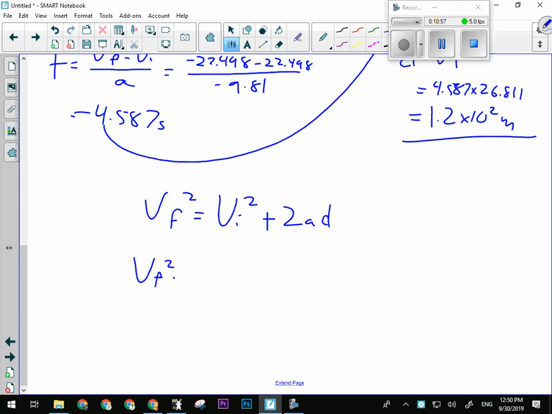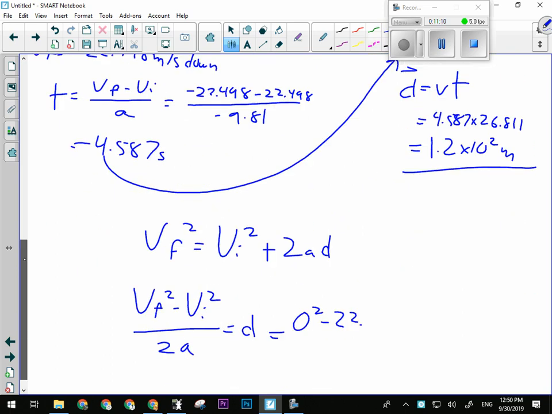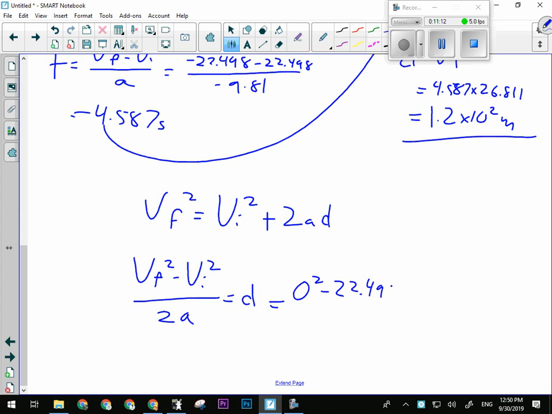So I'm going to have VF squared minus VI squared divided by 2A equals D. So that'll be 0 squared minus 22.498 squared, right, divided by 2 times negative 9.81.